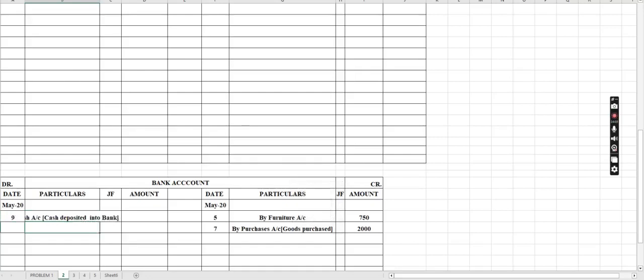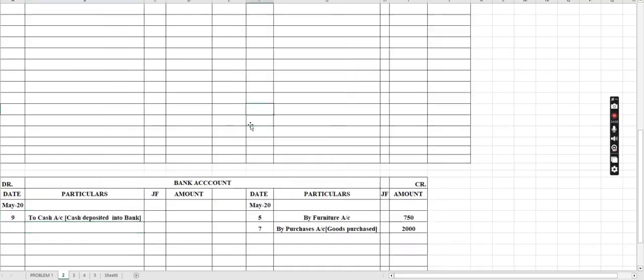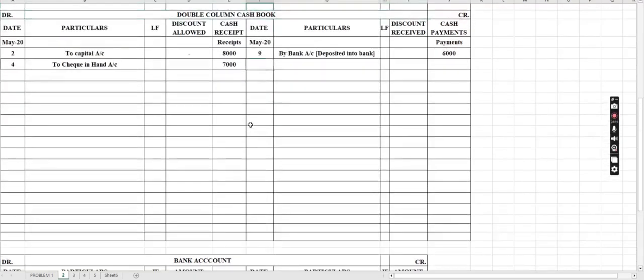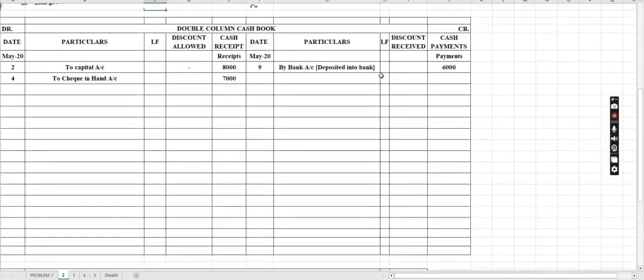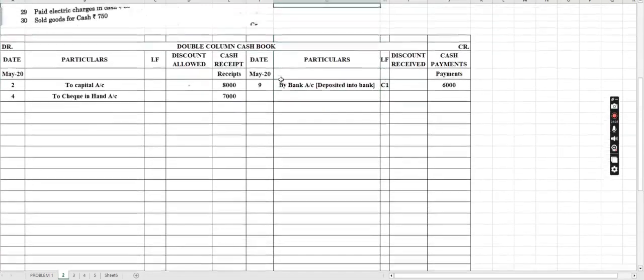So that is clear. How much amount? The same amount, the 6000 rupees. So, the two things are contra entries. Let's give this number, contra entry C1. Okay. Next.